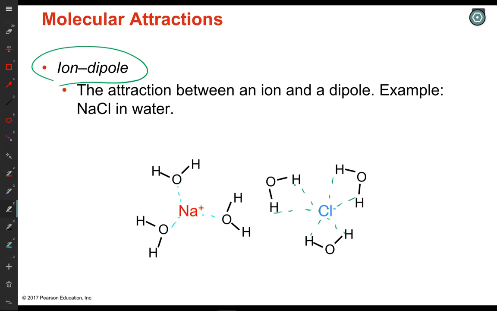Now this is a bond between molecules, not a bond holding a molecule together. So we don't have a molecule that's sodium tri-water, right? It's just sodium that is being attracted by the oxygen sides of water, and chlorine that's being attracted by the hydrogen sides of water.